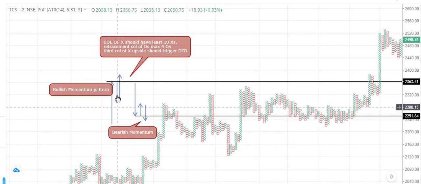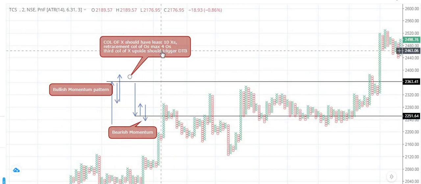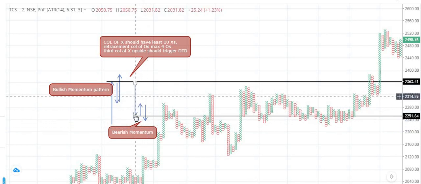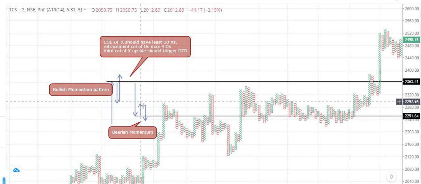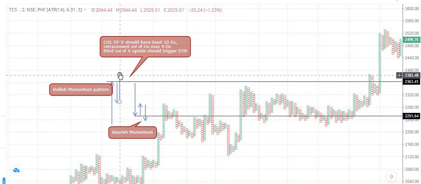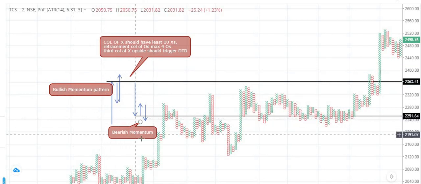So two patterns. For bearish, just do the opposite of this, as I've shown. This is the main thing: minimum 10 O's or minimum 10 X's, maximum 4 O's, maximum 4 X's, then double bottom sell or double top buy. So this is the bullish momentum pattern and the bearish momentum pattern, right?